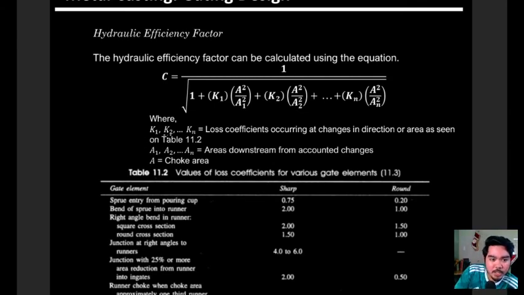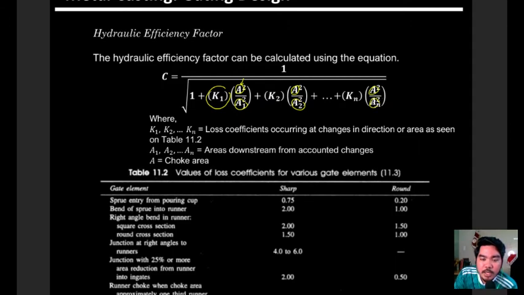If you look at it, it involves this equation, which is just 1 over the square root of 1 plus the loss coefficients, K1, K2, and depending on how many downstream changes you have, you can have multiple K values, or loss coefficient values. Then you have your areas.